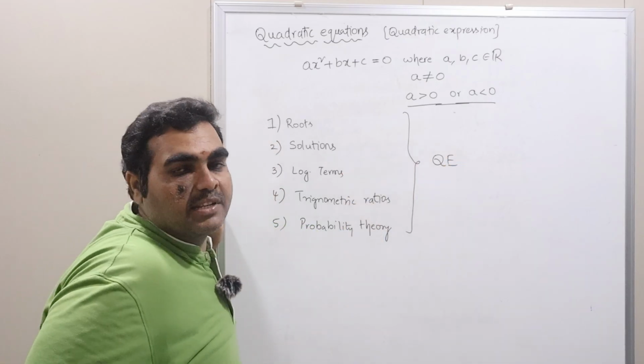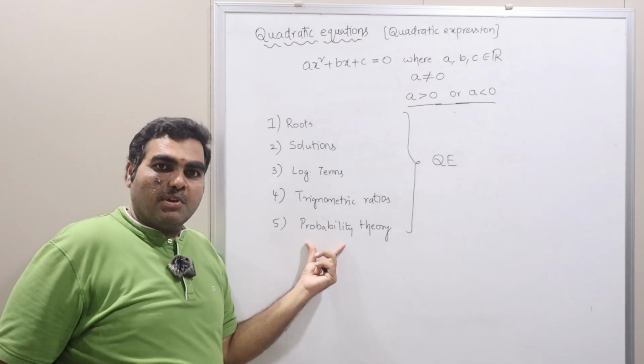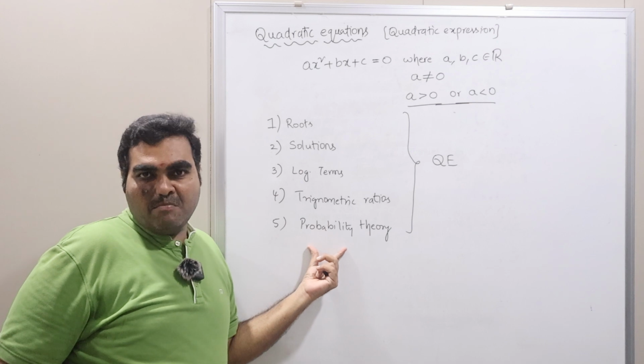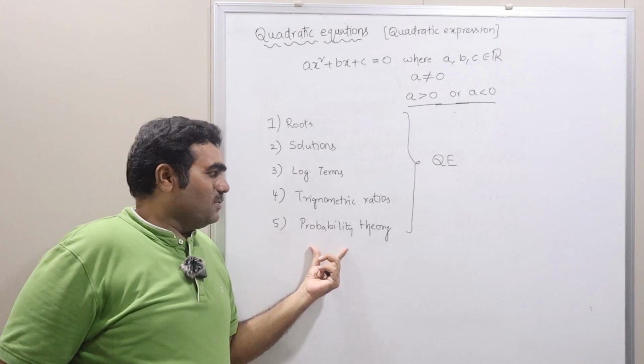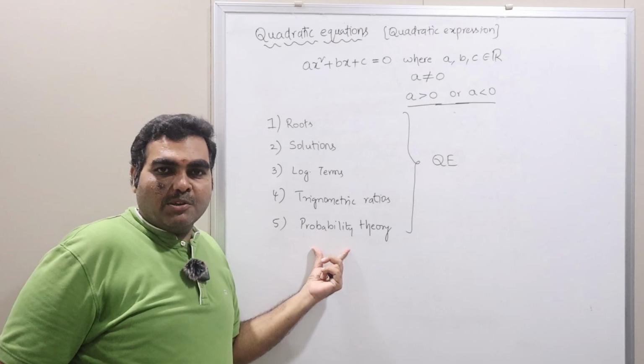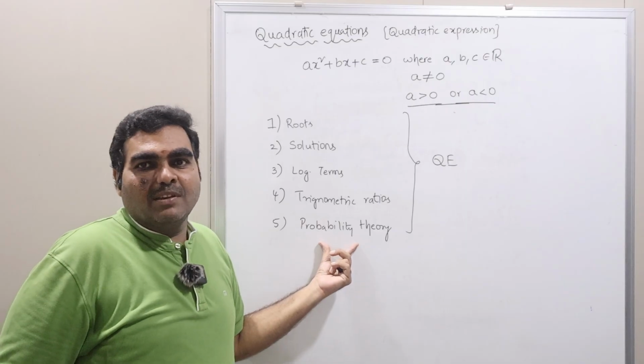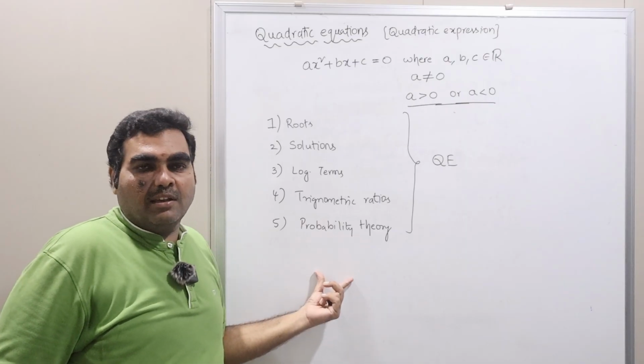And there are questions in recent times. You can check the previous year question papers in JEE Main, right? There are questions where quadratic equation concepts are used, and the main topic was probability theory. You can check, repeatedly they are giving, right?